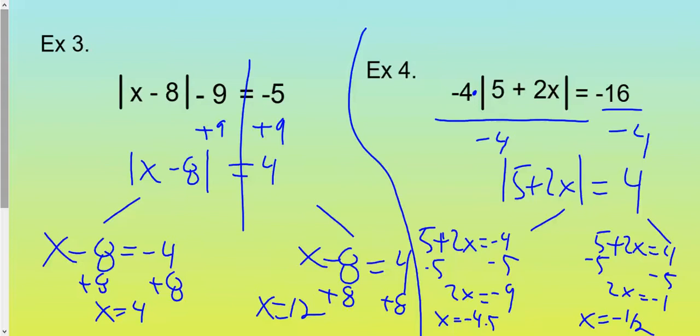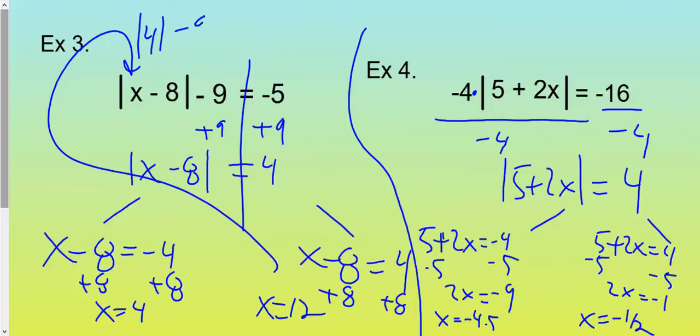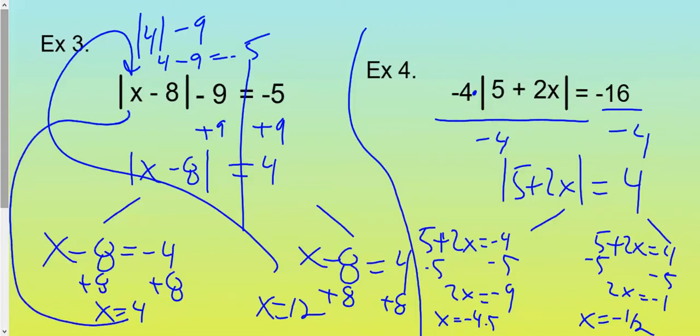And for all of these problems, you can plug your original answer in. So let's say I take 12, plug that back in. 12 minus 8 is 4. The absolute value of 4 is 4. Minus 9 equals negative 5. That works. And then you can take this 4, plug it in. So 4 minus 8 is negative 4.